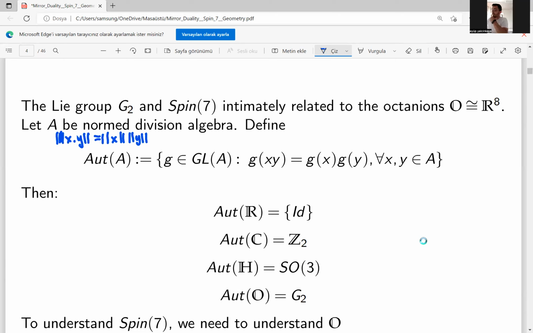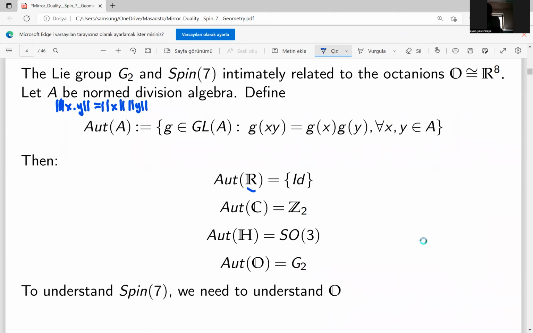On this division algebra we can look at the automorphism group. If you are living in the real numbers, the automorphism group is just the identity, so there's no choice for your restriction. But if you choose the complex numbers, it gives Z2. We have two different automorphisms, one sends I to I and one sends I to minus I. Okay.